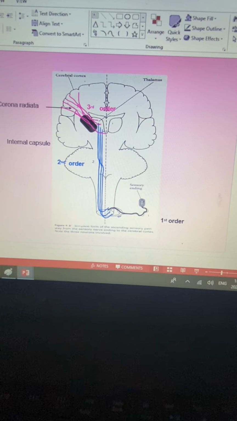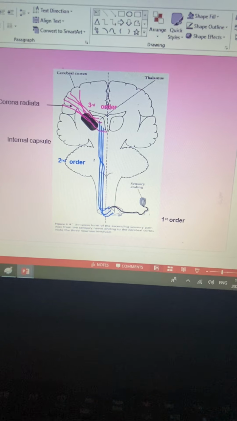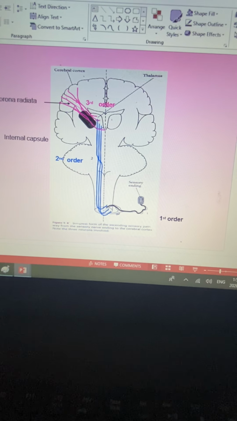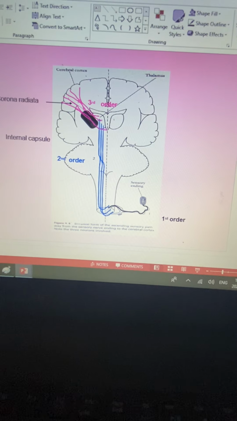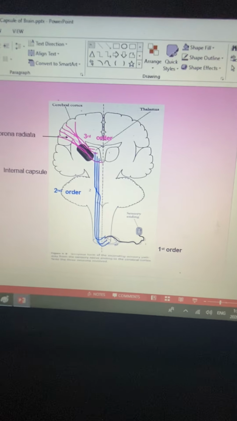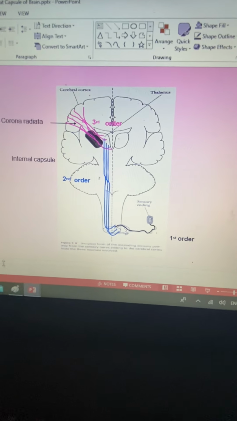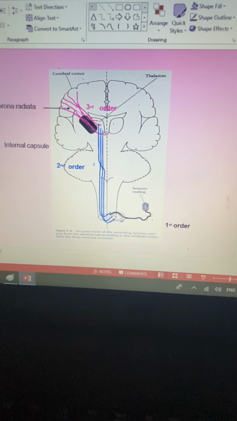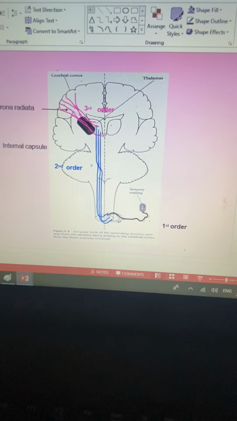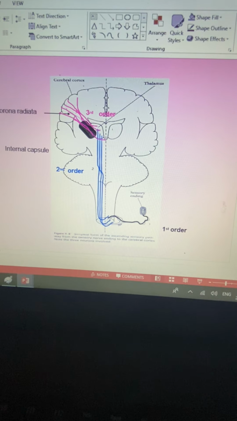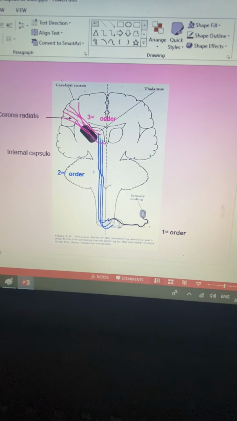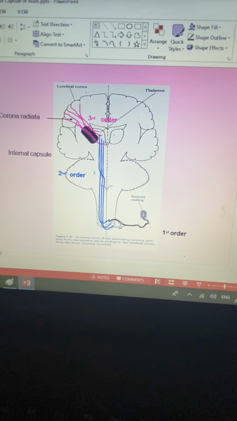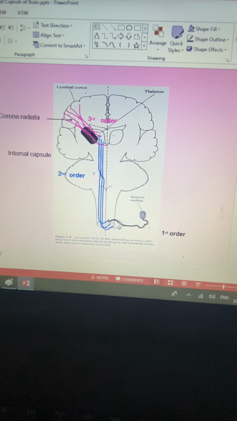And the beauty of this internal capsule is that different rooms, or different specific locations, have been allocated to these fibers. No one can change their position or location, according to their origin and destination, from the point they are coming out to the point they are going to.